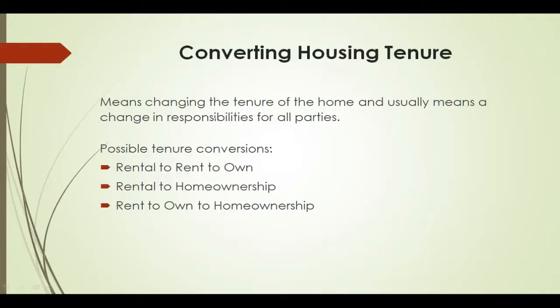When we convert the housing tenure, it means that we are changing the responsibilities for all parties. So for instance, an existing rental property is a home that is owned by the First Nation and managed by the First Nation, and a band member who's living in that home is our tenant.